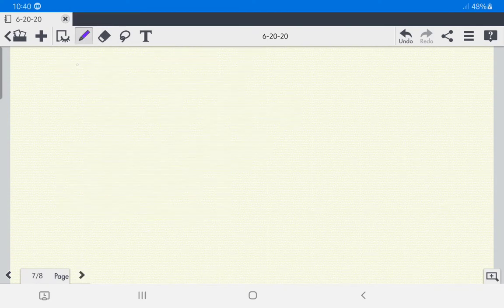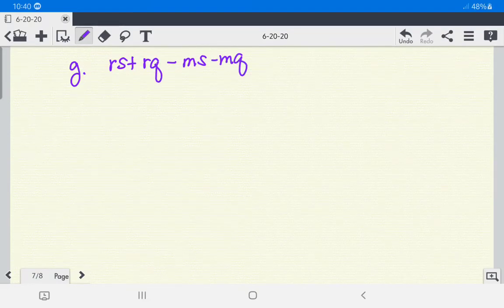For the last example, letter G, we have RS plus RQ minus MS minus MQ. Again, we're going to make use of grouping the terms in a polynomial.